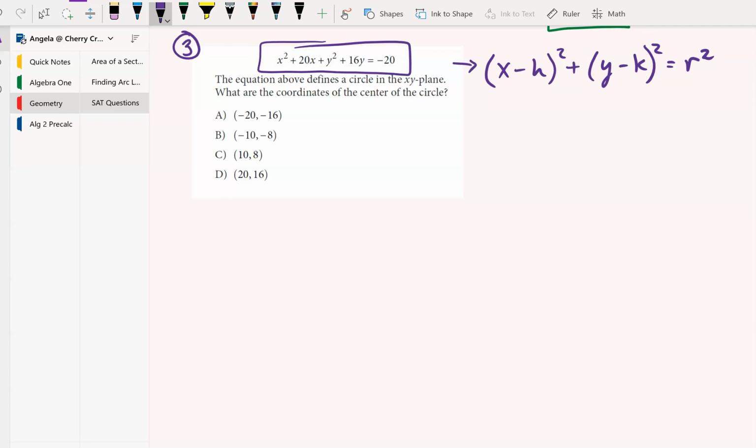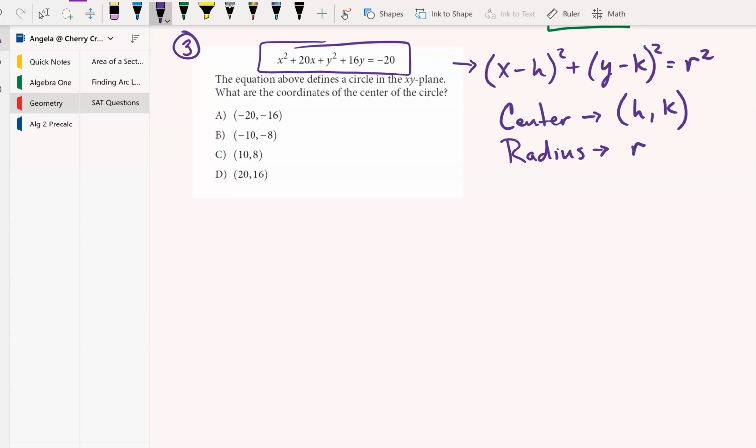That will help us to identify the center of the circle, because you'll remember that the center of our circle is going to be based on your h, k values, and the radius of your circle, not that we need it for this problem, but it's good to know, is going to be based on your r value. So we'll identify all of those and then select the right answer.